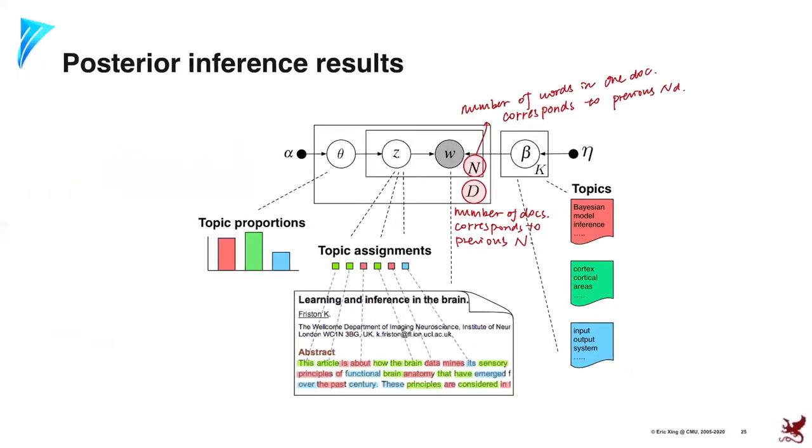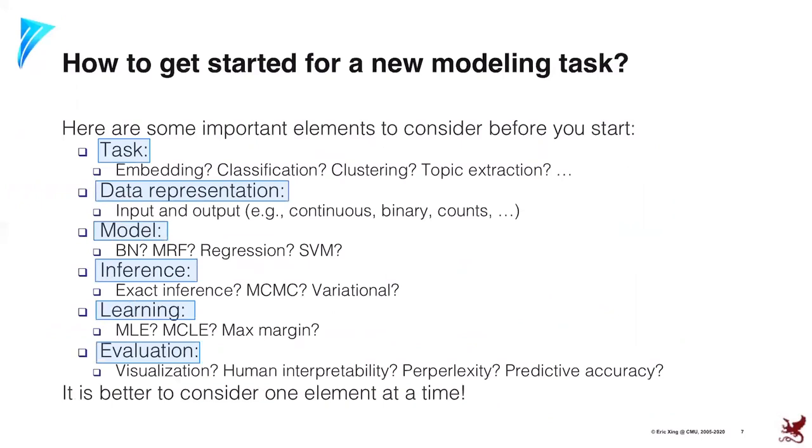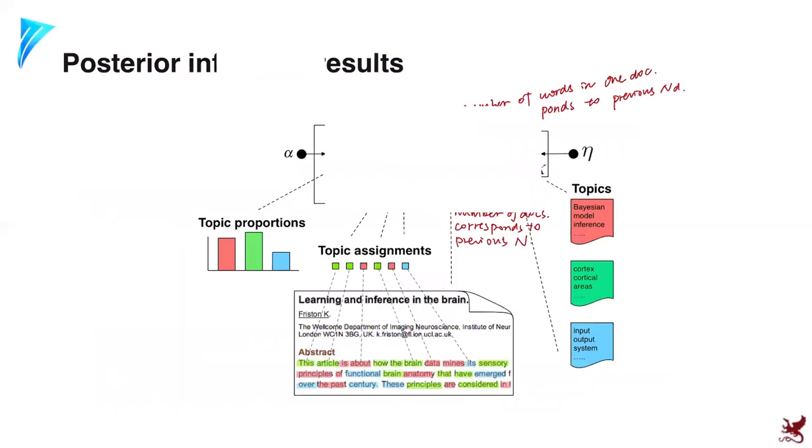Okay, so now we already know what the task is, what the data representation is, and what our model is. According to these important elements, the next thing we should think about is the inference.